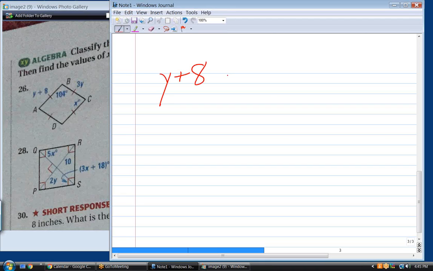Well, y plus 8 equals what? 104? No. Y plus 8 is the measurement of the side AB. Okay. Well, does that mean y plus 8 is equal to 3y? You got it. Those hash marks mean the side lengths are the same. Okay. That allows me to write this equation, solve that for y.